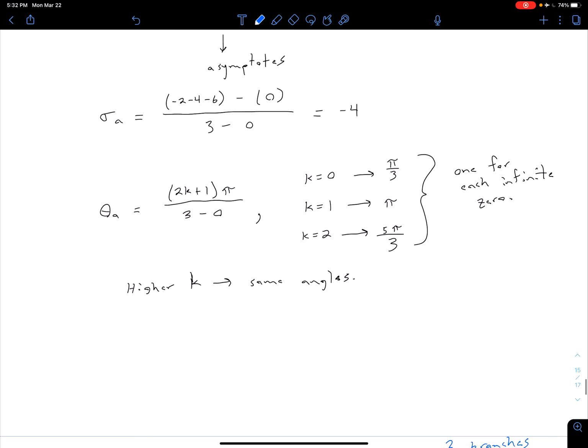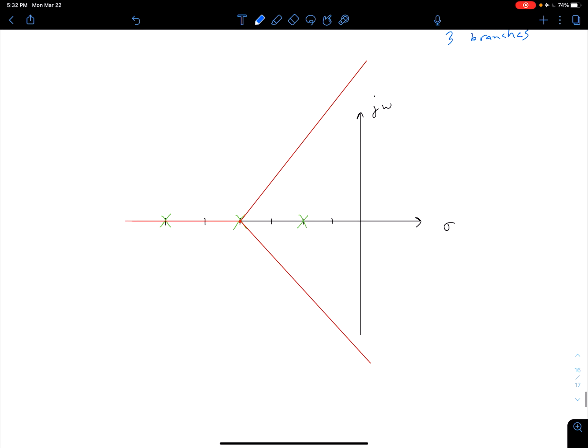And again, for this rule 3, we're only considering those open loop poles and zeros that are on the real axis. So in this case, in this region here, we're on the real axis because we're to the left of 1 open loop finite pole. We are not on the real axis here because that is to the left of 2 finite open loop poles, 1 and 2.